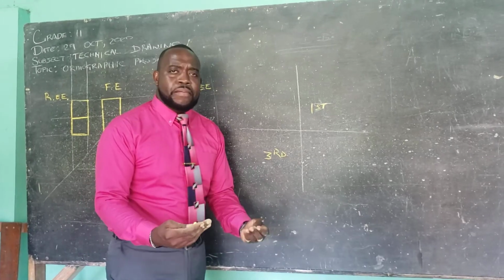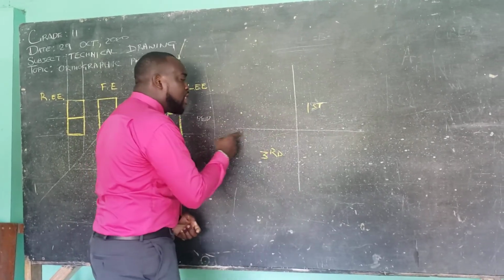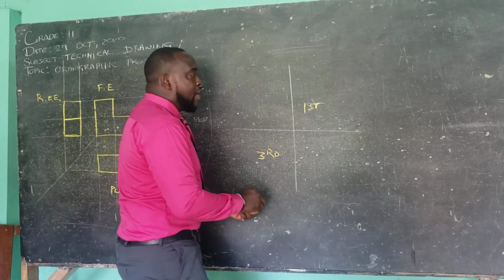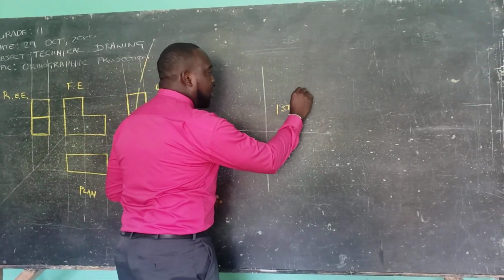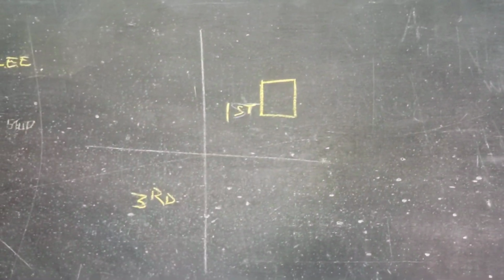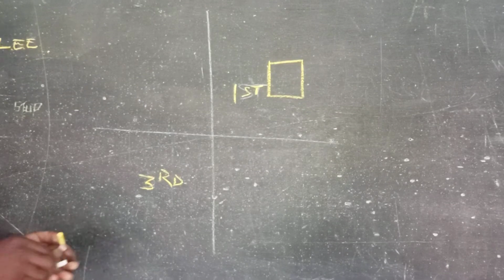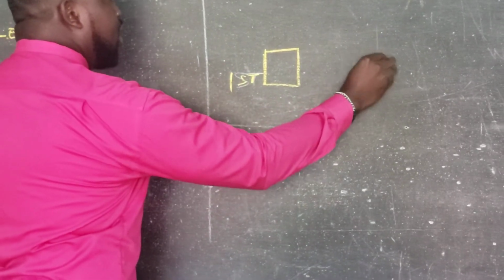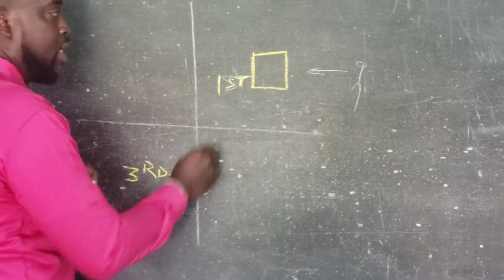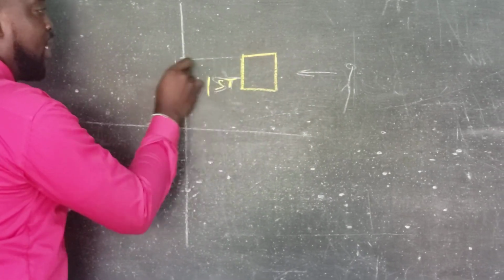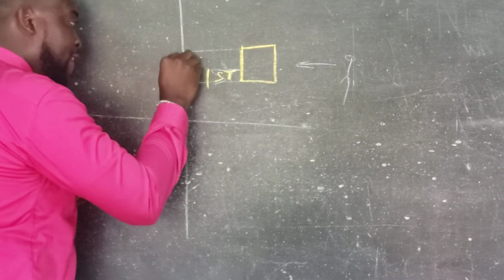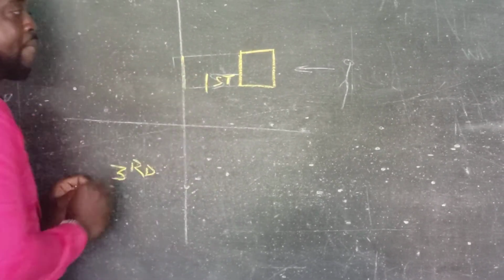Now if you notice, we have one vertical line here that represents the vertical plane. Consider it as a mirror. And we also have a horizontal line that represents the horizontal plane. So if an object is placed here in first angle, when you're standing in this position, looking in this direction, whatever you see is projected on the vertical plane.